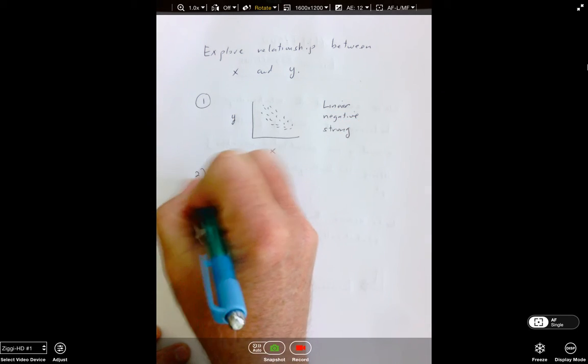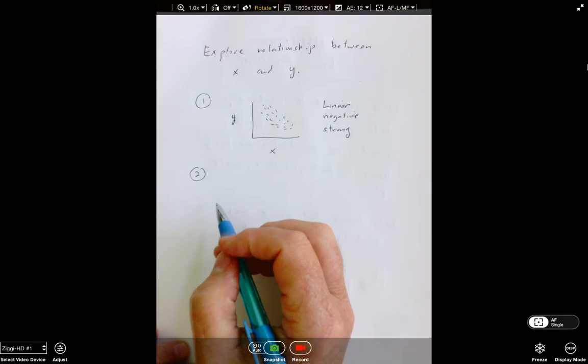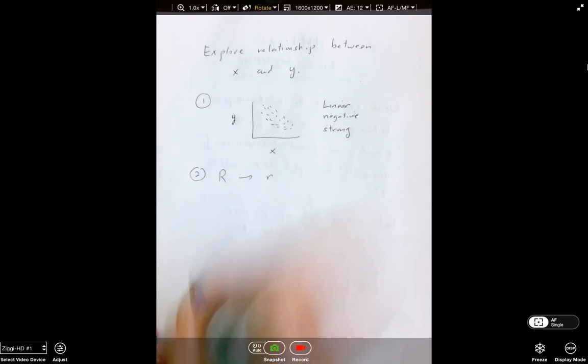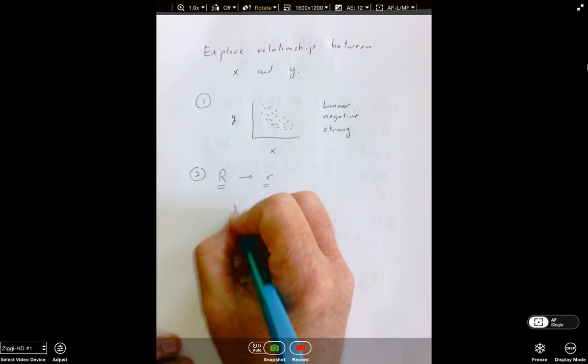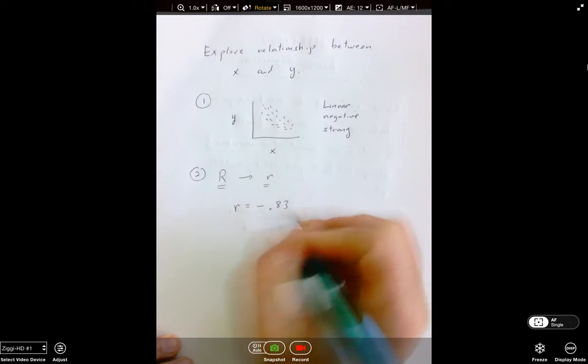The second thing we would want to do is use our calculator, or we could use R. Use capital R to find little r. So use the statistical software package R to find the correlation coefficient. Well, let's say we did that. And let's say that r turned out to be negative 0.83.